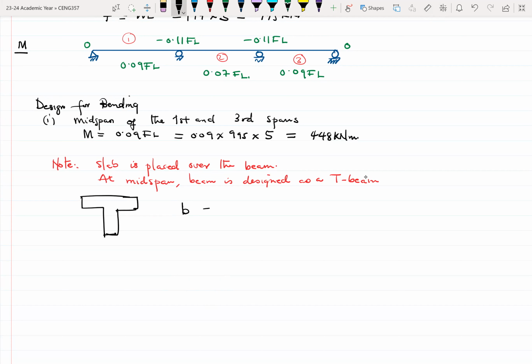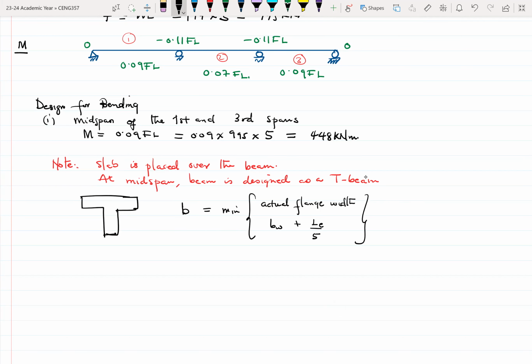And B is either the minimum of one of these, either the actual flange width, which we were given in the question, or the width of the bottom part of the web plus L over 5, sorry, or should I say LE rather over 5?